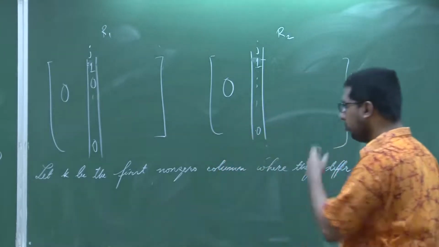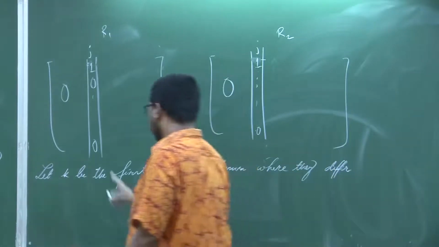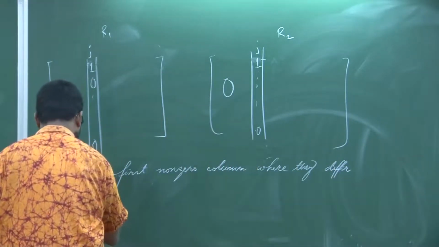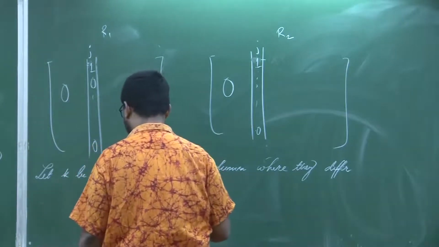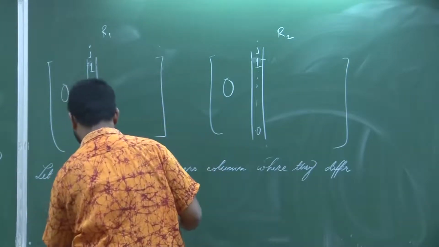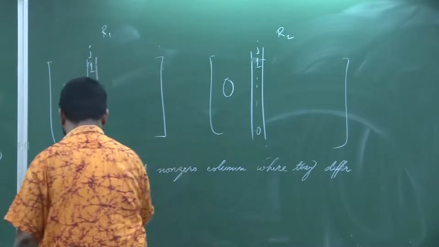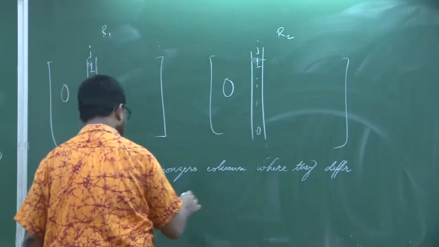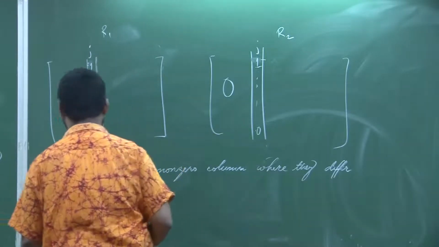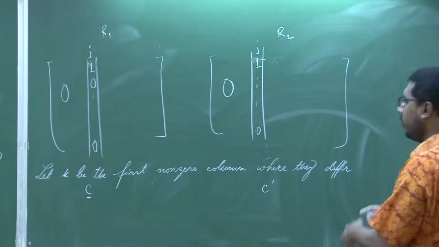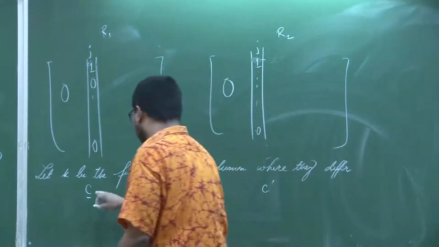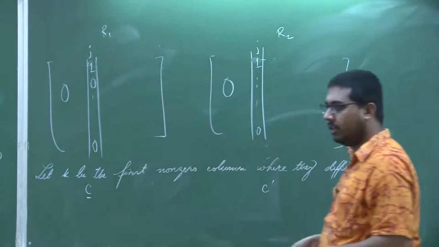So, let us denote the non-zero column of R1 by C, and to make it simpler, C is the kth column of R1 and similarly C prime is the kth column of R2. So, C and C prime, clearly as column vectors, they are not equal.